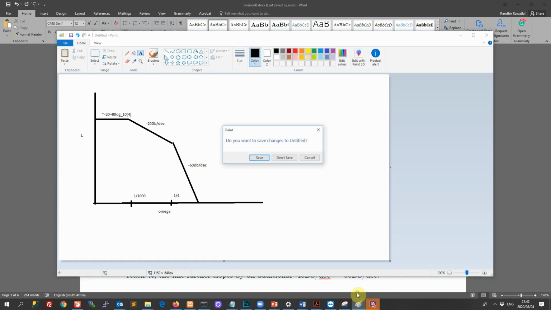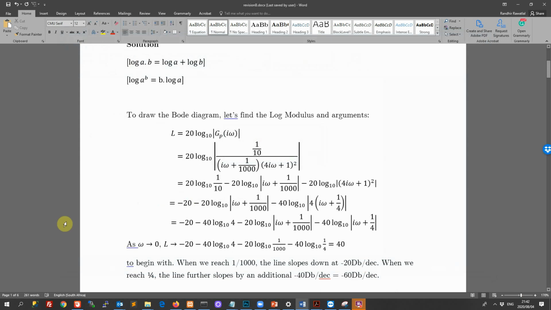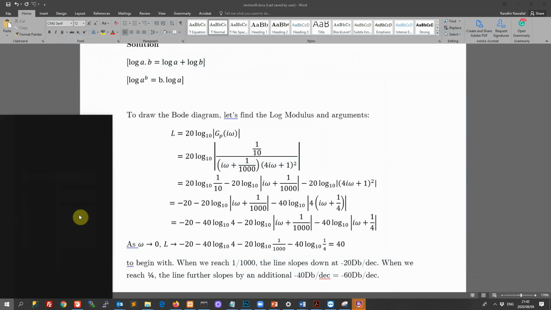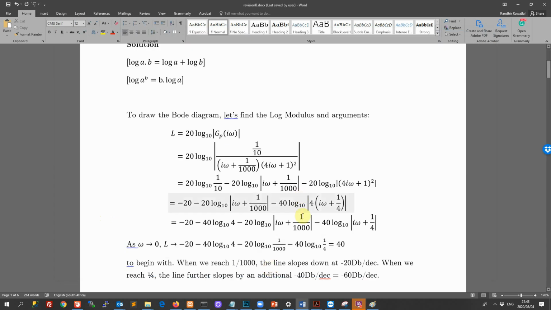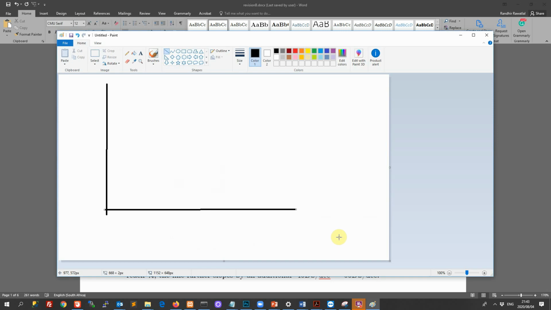I'm going to do that here in paintbrush. There's the line tool, so just sketch the axes. So L versus omega, and it starts out at a value of 40.